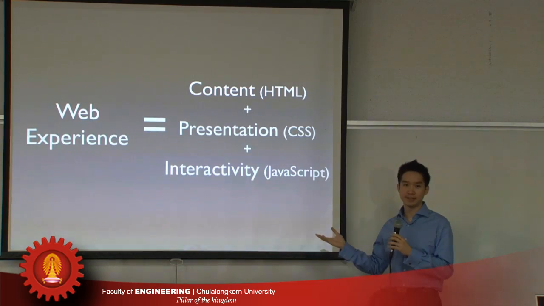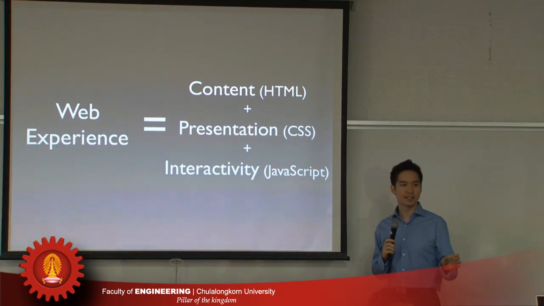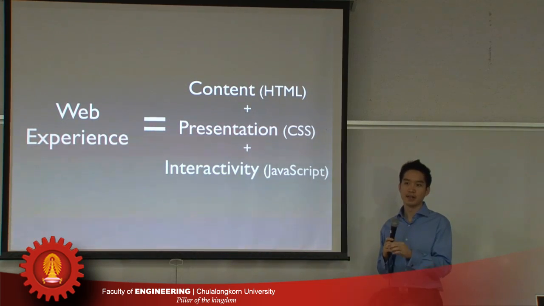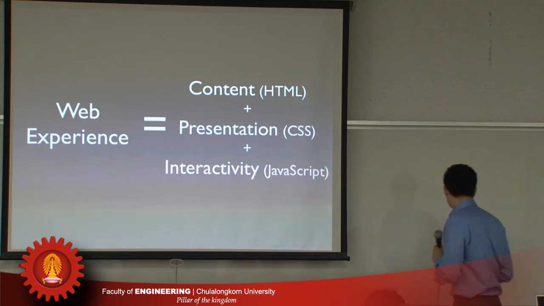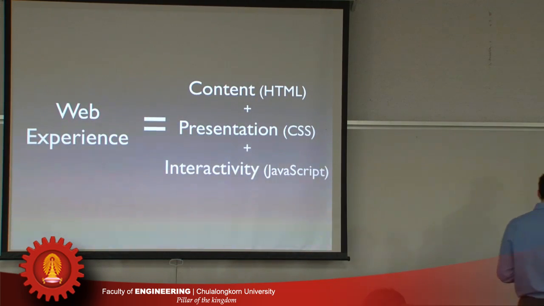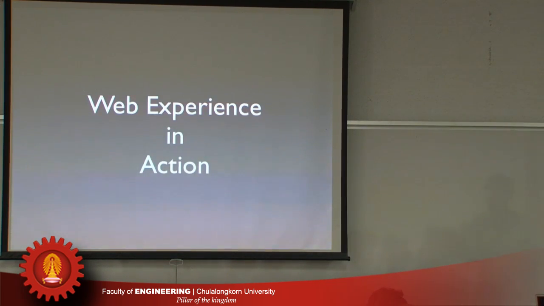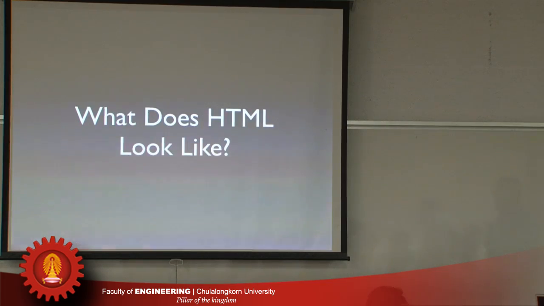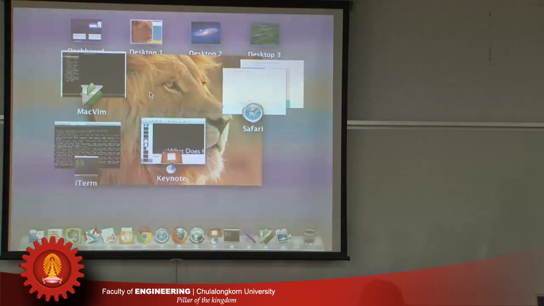And there's interactivity, which is the role of JavaScript. I'm going to show you how you can experience each of the components. This part is called Web Experience in Action. I'm going to show you exactly what each part is about.